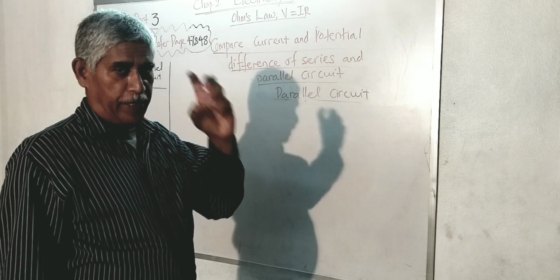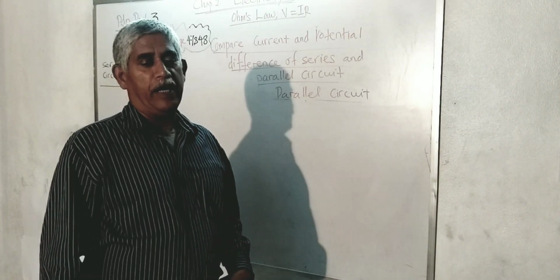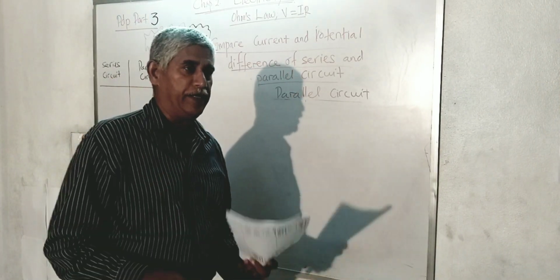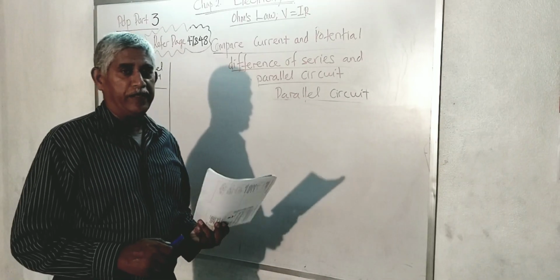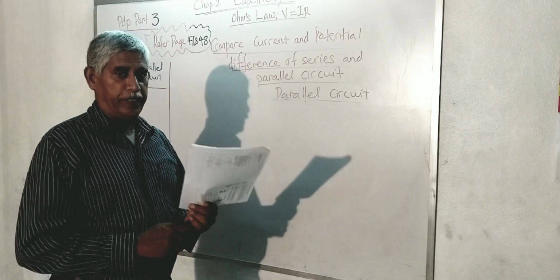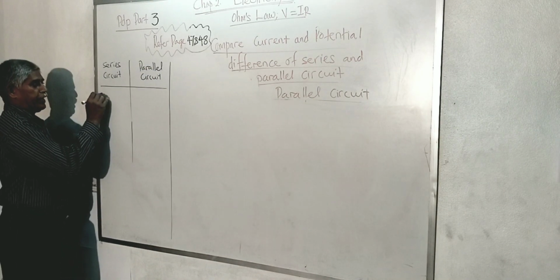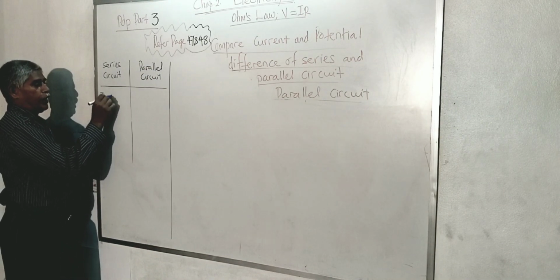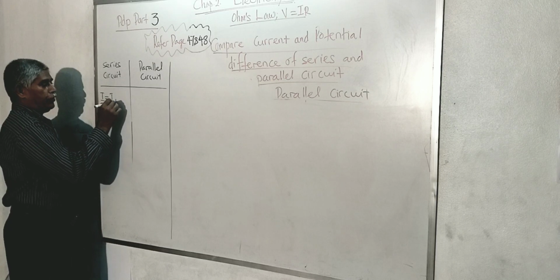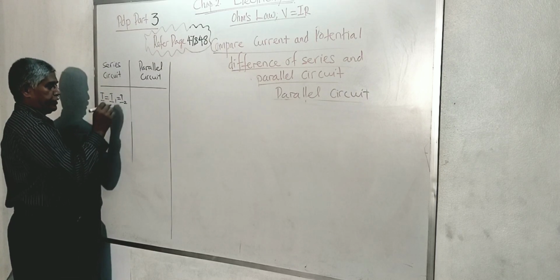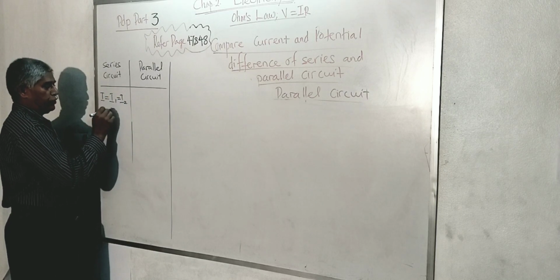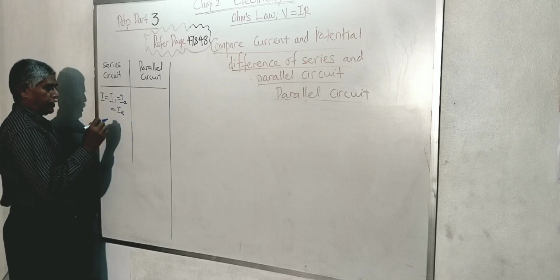And just to recapitulate what we studied in our last lesson, in a series circuit we talked about current, resistance and also voltage. In a series circuit the current is the same, no matter what the value of the resistance is. I1 equals I2 equals I3, this is for the current.